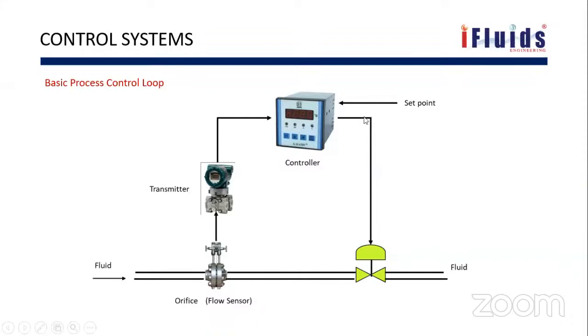If both are the same, it's not going to give any instruction. If the flow is lesser or more than the set point, then the controller will instruct the control valve to open or close accordingly to meet the set point. So this is how a basic flow control works, and this is similar for pressure, temperature, everything. It senses the current value, compares it with the set point, then gives the instruction to the final control element. That is mostly a control valve. So this is how a basic process control loop looks.